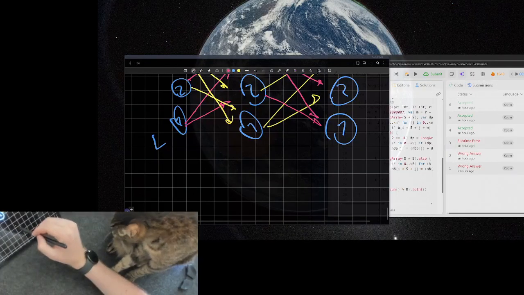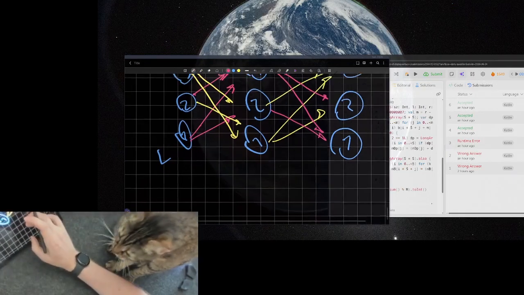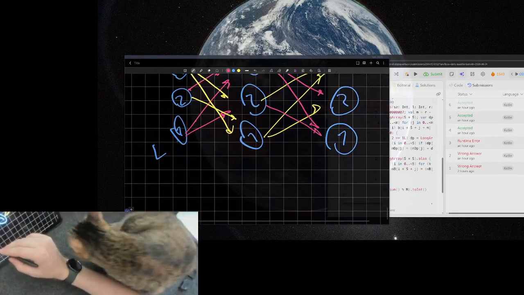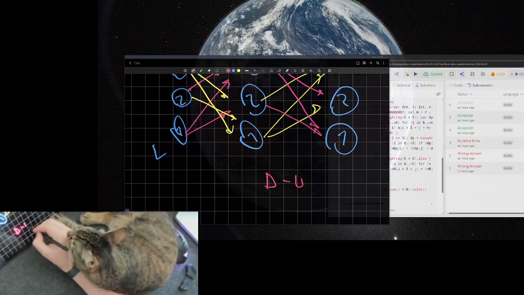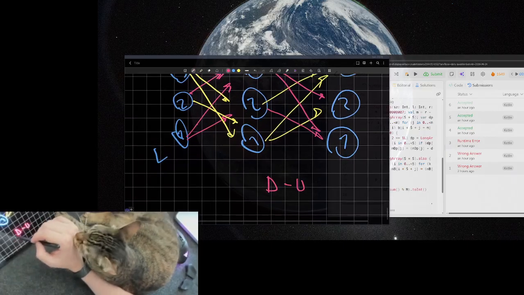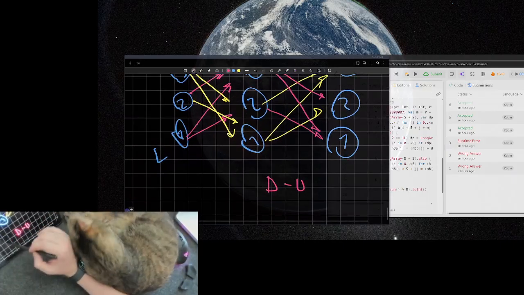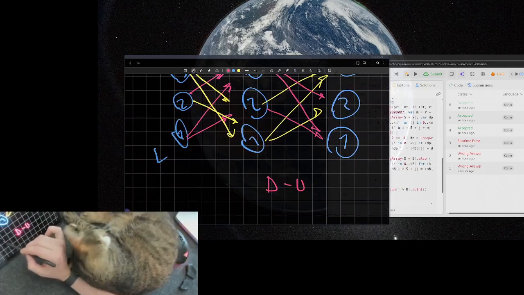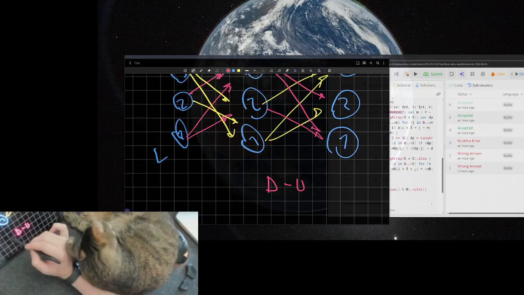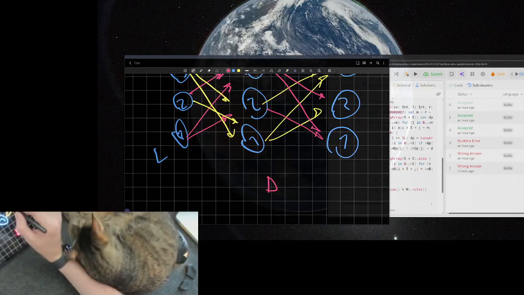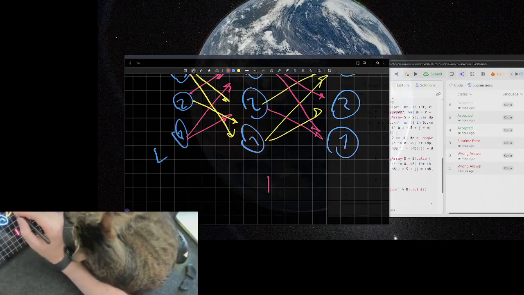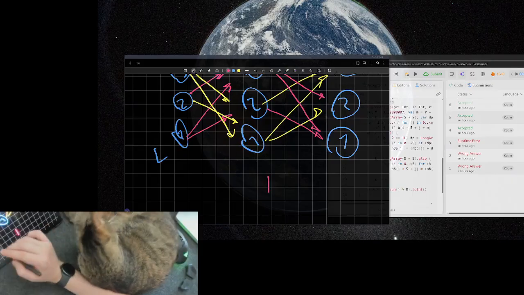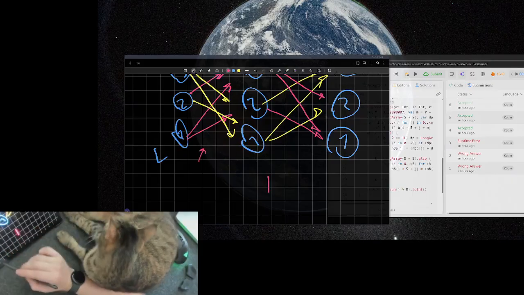it goes from down to up. Okay, let's describe just the transitions from this first red.